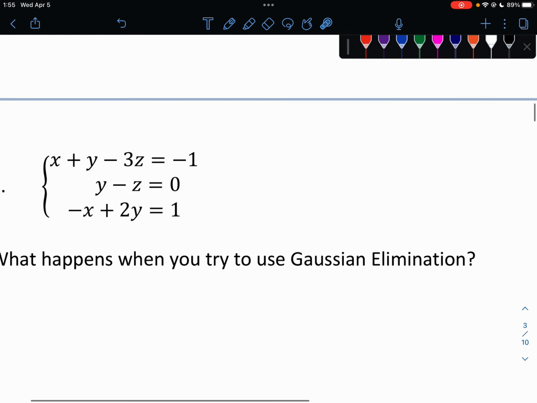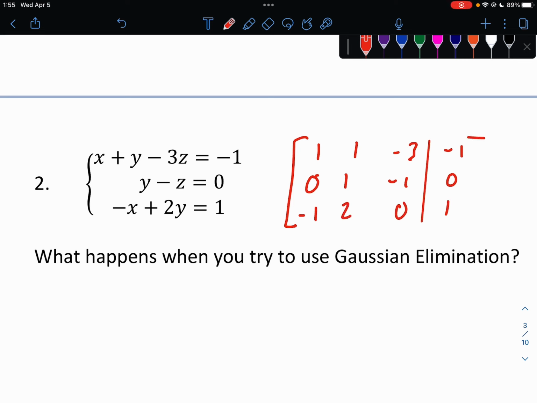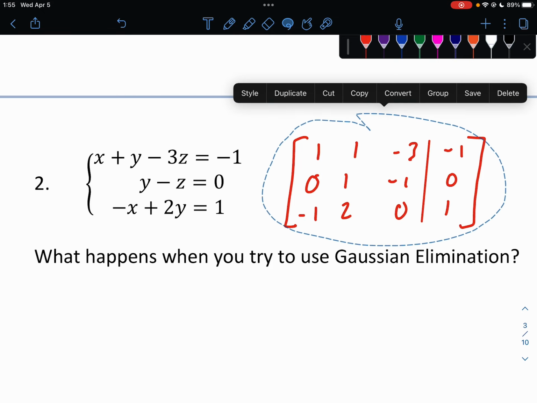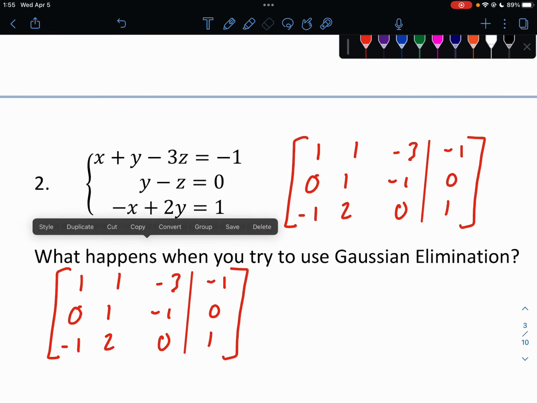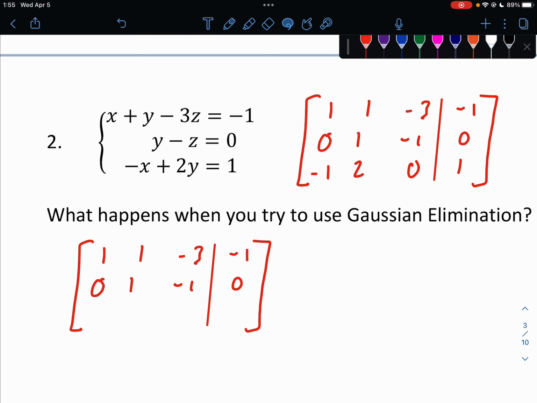Okay, let's take a look at the second one here. Again, let's start by setting up my matrix of constants. 1, 1, -3, -1, 0, 1, -1, 0, -1, 2, 0, 1. All right, if I want to start by eliminating the x's here, well, the second row already has those x's eliminated, so that's great.